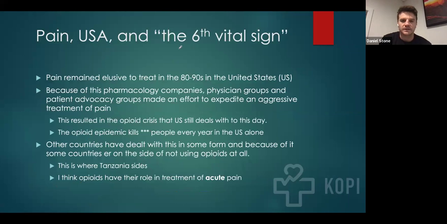In the United States, we got in trouble a lot for something that we called the sixth vital sign. Basically, in the 80s and 90s, there were big pharmaceutical companies that wanted to create something called "pain is the sixth vital sign," i.e., everybody gets a pain scale when they go into the emergency department or go into clinic.